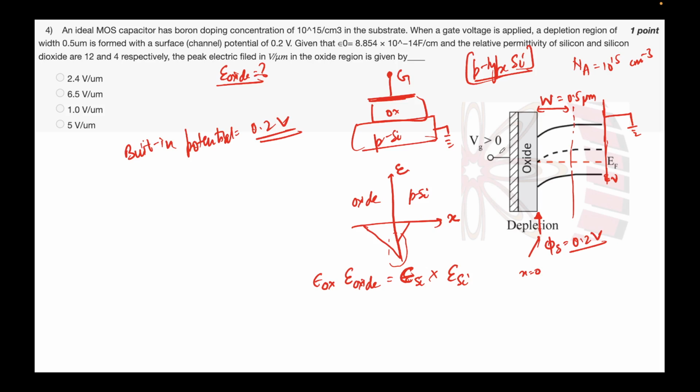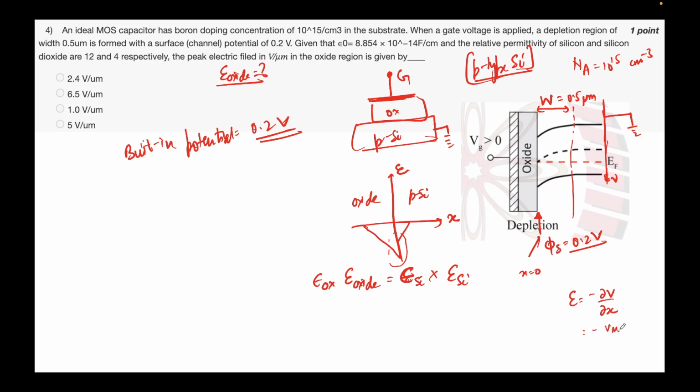On this interface we have a positive potential, and here the potential is 0. If I recall, E equals minus dV over dx, minus grad V. So let's call this interface V metal.